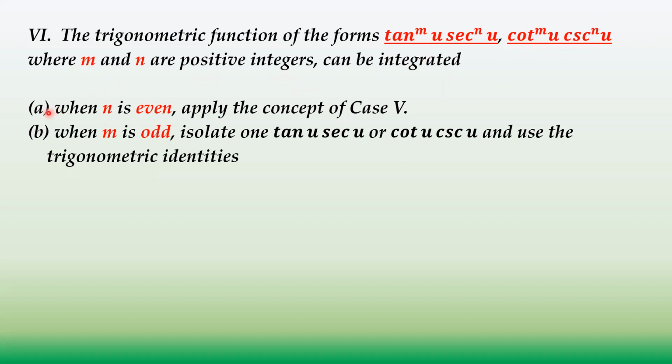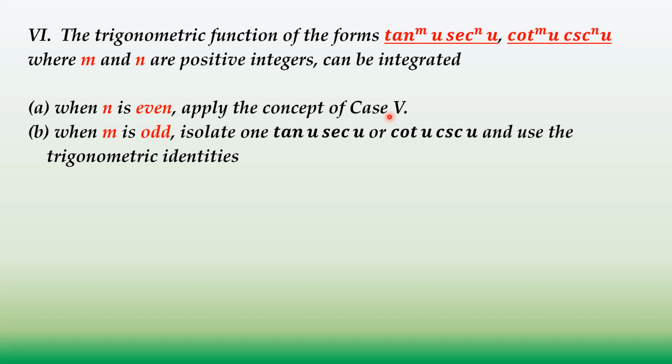Okay, so we have here two cases. For letter A, when n is even, meaning the power of your secant or cosecant is even, we're going to apply the concept or principle of case number 5. So what is case number 5? From case number 5, we are going to isolate one secant squared or cosecant squared.